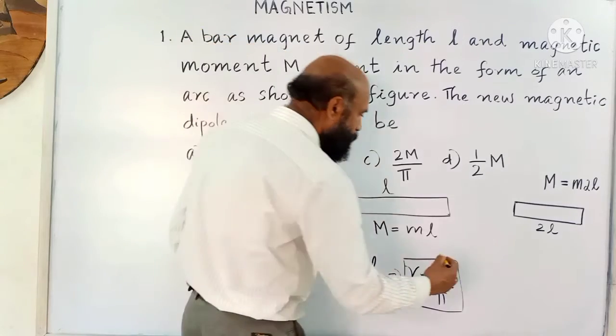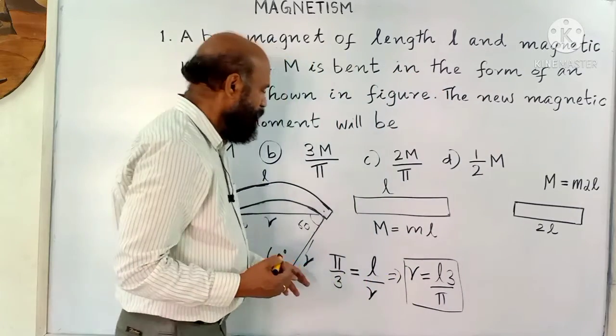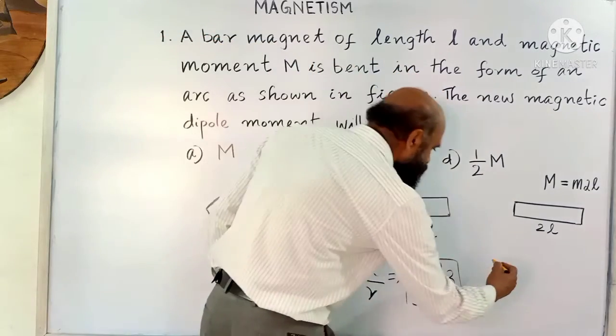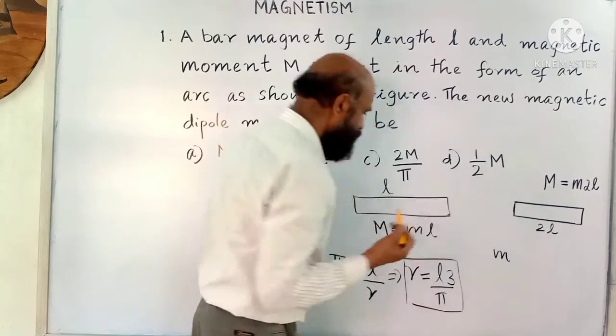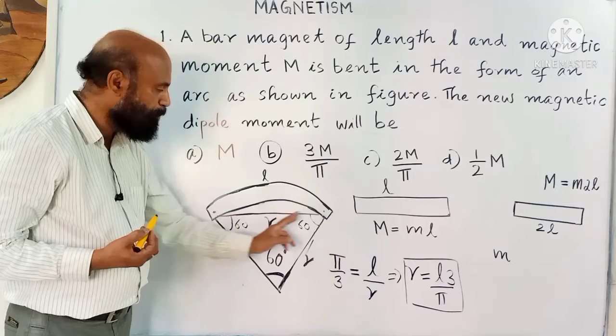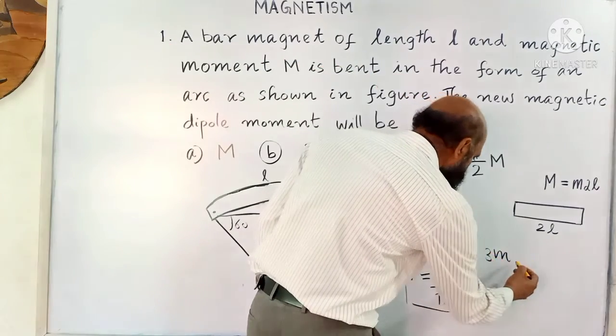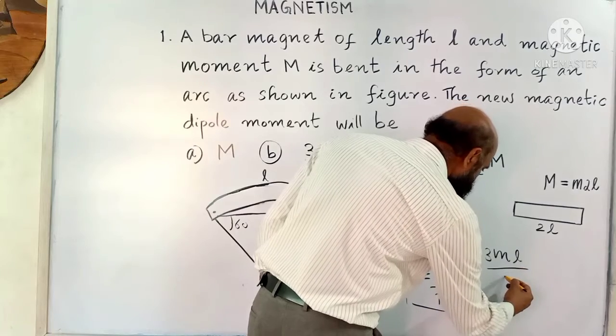Now the new magnetic moment will be pole strength m into the distance between the poles. Now the distance between the poles is R, but R is 3L by pi.